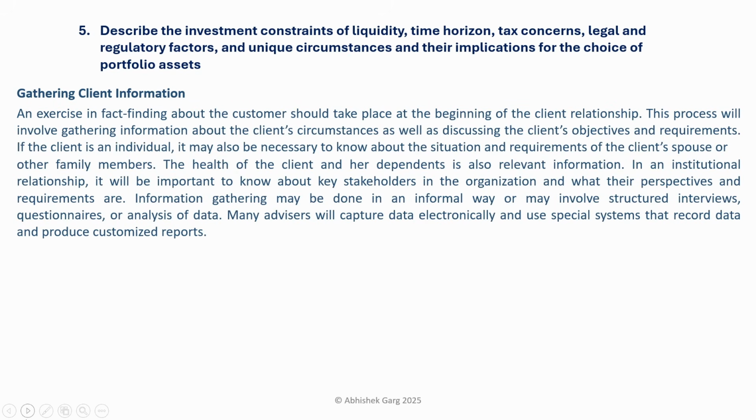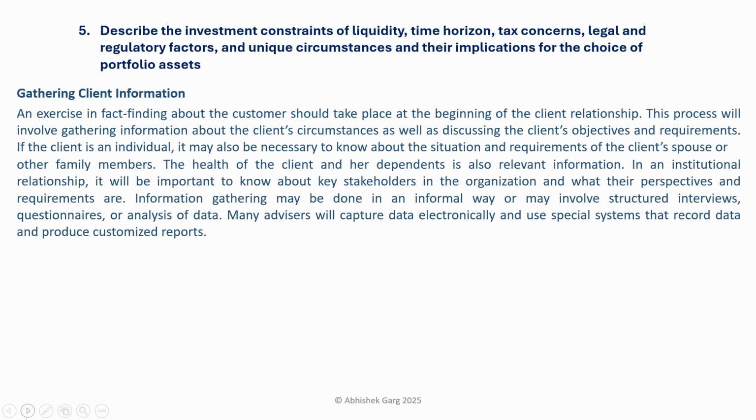Gathering client information is basically the fact finding exercise that takes place at the beginning of the client relationship. This involves gathering information about the client's circumstances as well as his objectives and requirements. If the client is an individual, then it's also necessary to know about the requirements of the client's spouse and other family members.